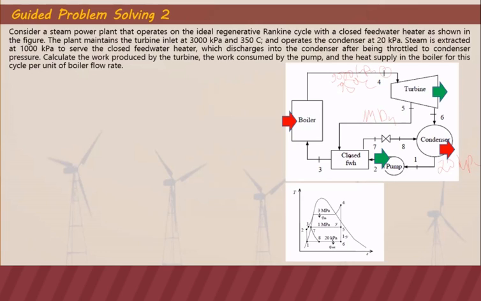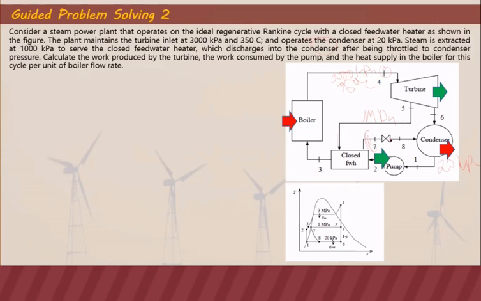And it discharges. Since our closed feed water heater is a non-mixing heater, it has to discharge. It cannot mix with the fluid at point 2. It has to discharge from the closed feed water heater, so it discharges into the condenser. That's why from point 6 we discharge it at point 7 using a throttling device, a pressure reducing valve.